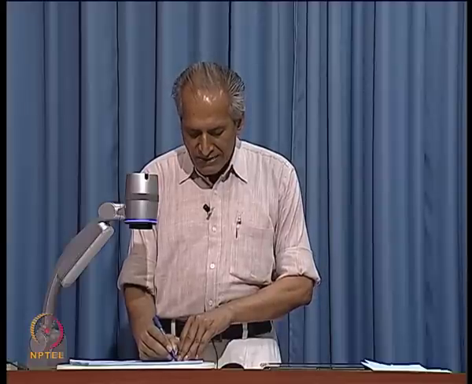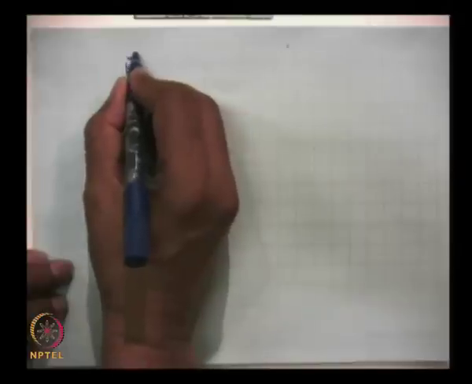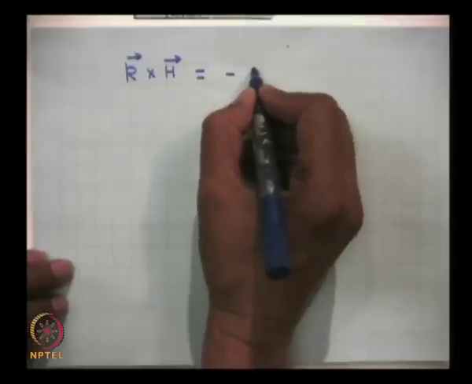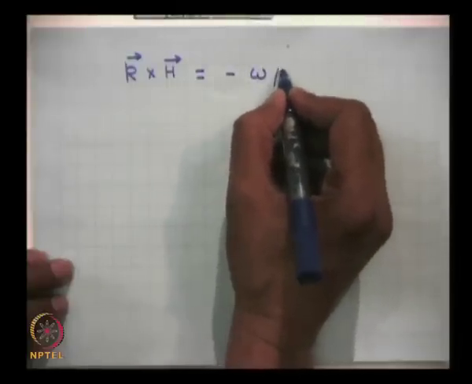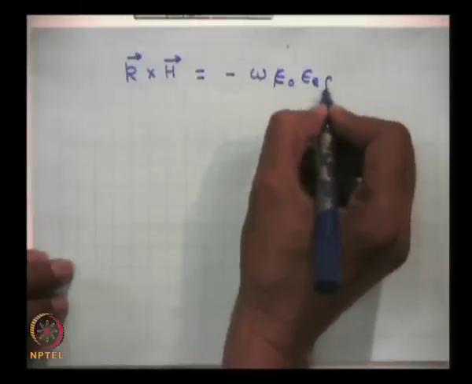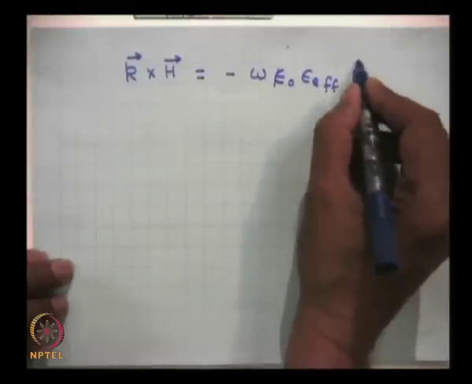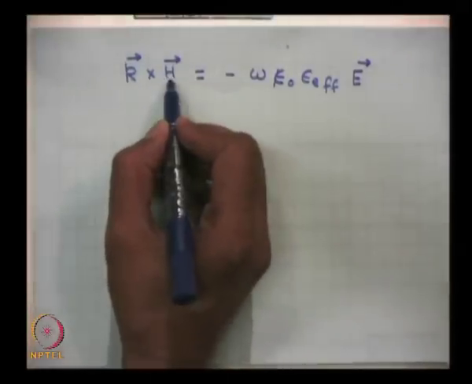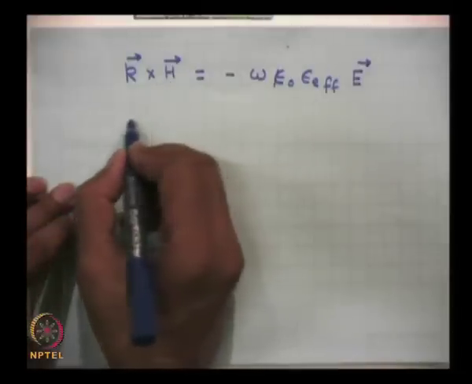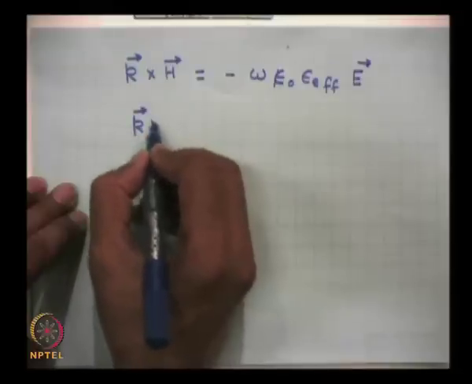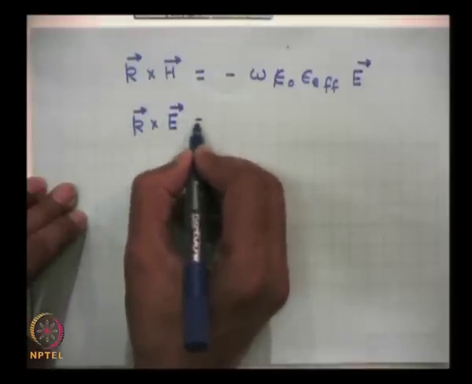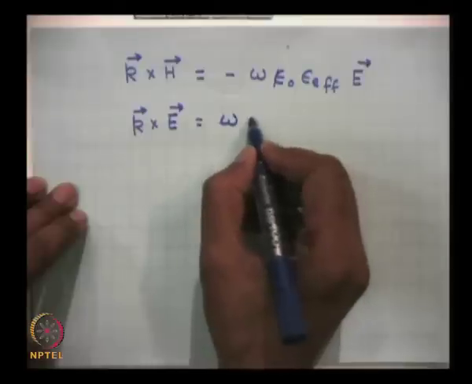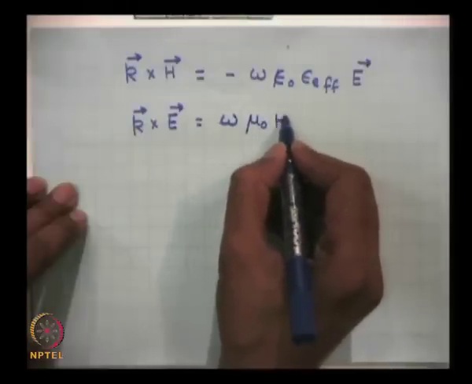From the fourth Maxwell equation I had written k cross h is equal to minus omega epsilon 0 epsilon effective into E. This says that E is perpendicular to k and h both, whereas from the third Maxwell equation, k cross E was written is equal to omega mu 0 h.